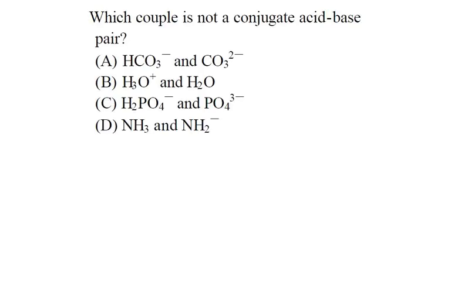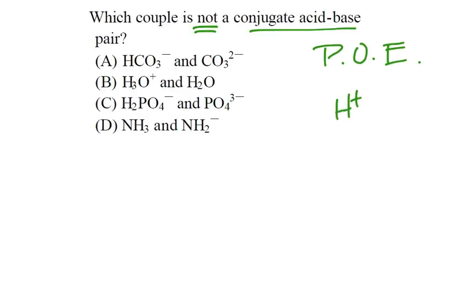Go ahead and look at this for a moment. Okay, we're going to say which is not a conjugate acid-base pair. So now we're doing process of elimination, and the idea is to pick out any one that is a conjugate acid-base pair. And we know that a conjugate acid-base pair is going to differ only by an H+.